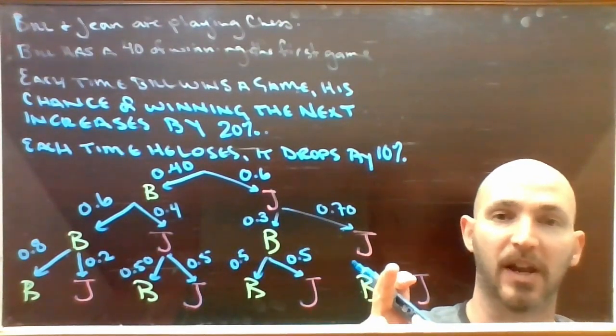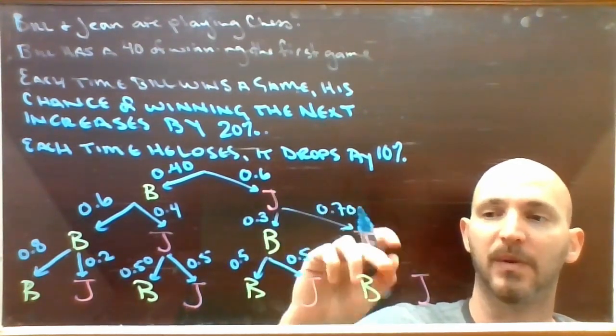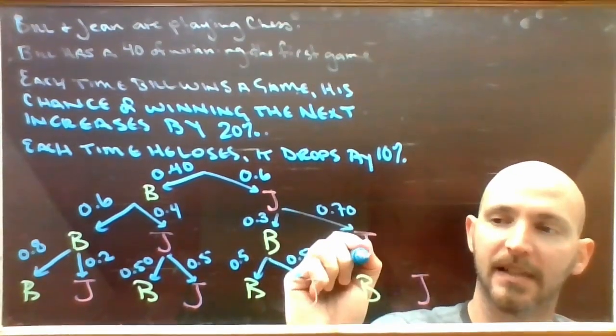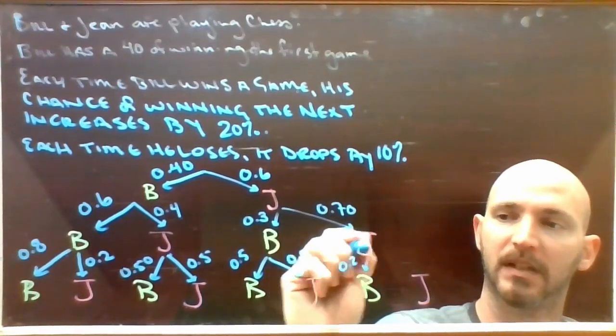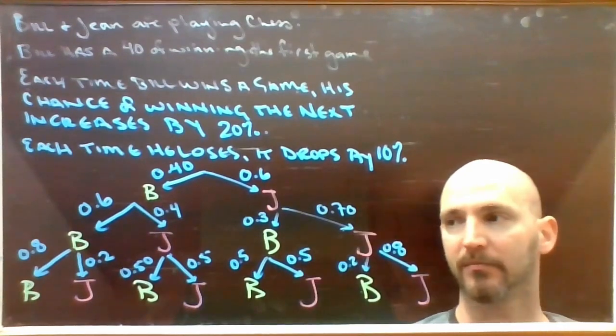And on this branch, poor Bill, he's lost the second one. So this time, instead of having a 30% chance to win, he only has 20 because he has to drop by 10, leaving Gene an 80% chance to win.